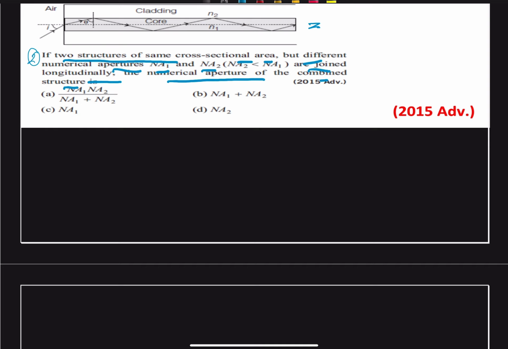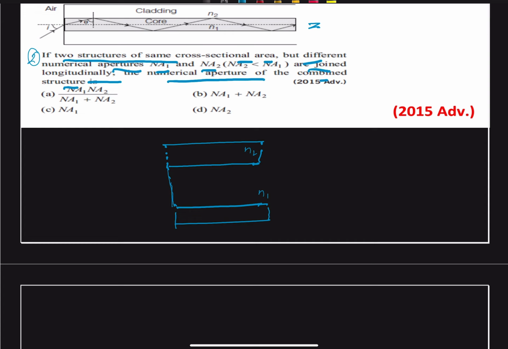And we have two surfaces, and the refractive index is n2, and here it is n1.